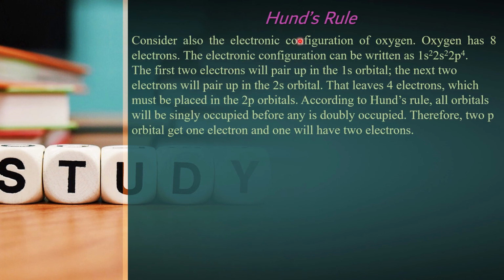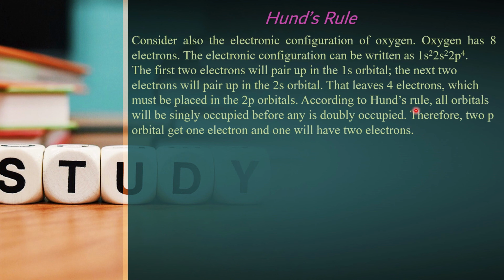If we see the electronic configuration of oxygen, oxygen has 8 electrons, and its electronic configuration can be written as 1s2, 2s2, 2p4. That means among these 8 electrons, the first 2 electrons will pair up in the 1s orbital. Then the next 2 electrons will pair up in the 2s orbital, and there are 4 electrons left, which must be placed in the 2p orbitals.